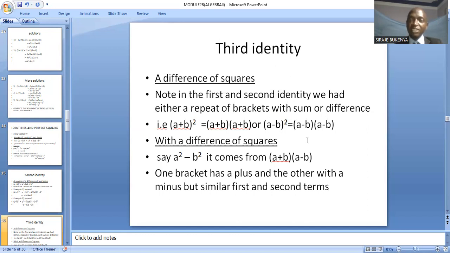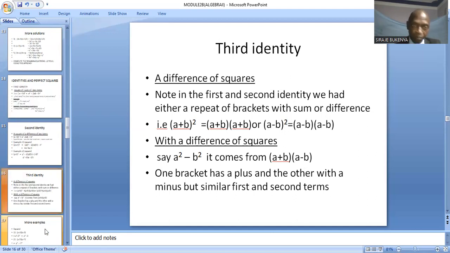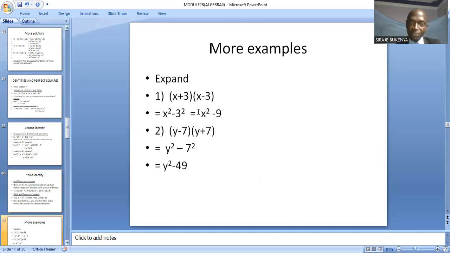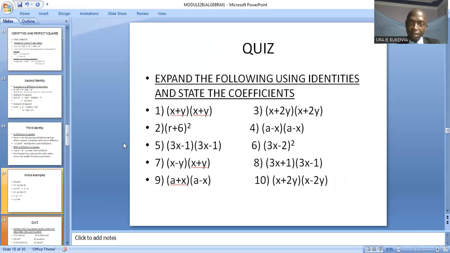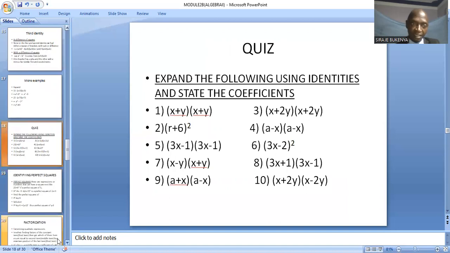So the other one has been either plus plus or minus minus, but this one is a plus b, a minus b, which means the signs are changing, and you can get it using that concept. So if you expand using the difference of squares, you can see that it just becomes one square, subtract another square. As you see here, y square minus 7 square is y minus 7, y plus 7. You can have a quiz to try and practice those expansions of the first and the second identity.